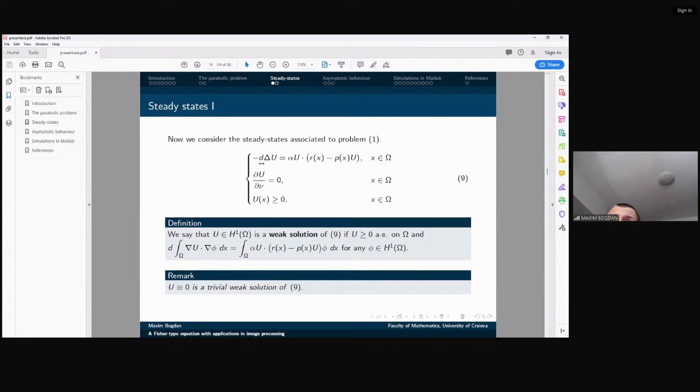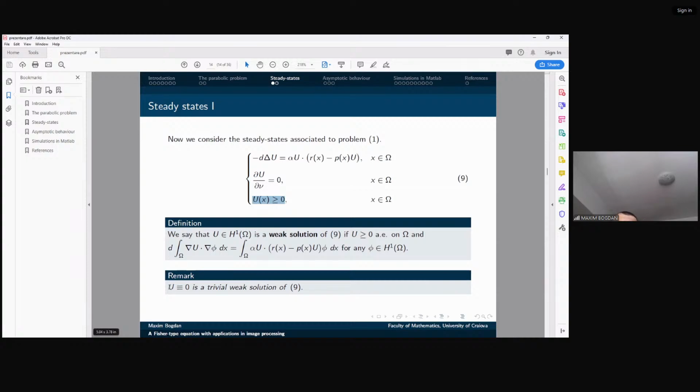The t terms disappear from here. The Neumann condition remains, and I put the condition u to be positive so that it will make sense. This equation can also have a nodal solution, which means that it can change sign, but we are not interested in such solutions.